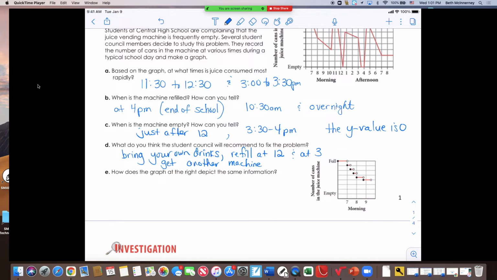So now let's look at letter E, and you may or may not have gotten all the way to here. It says, look at this graph at the right. How does the graph at the right depict the same information?